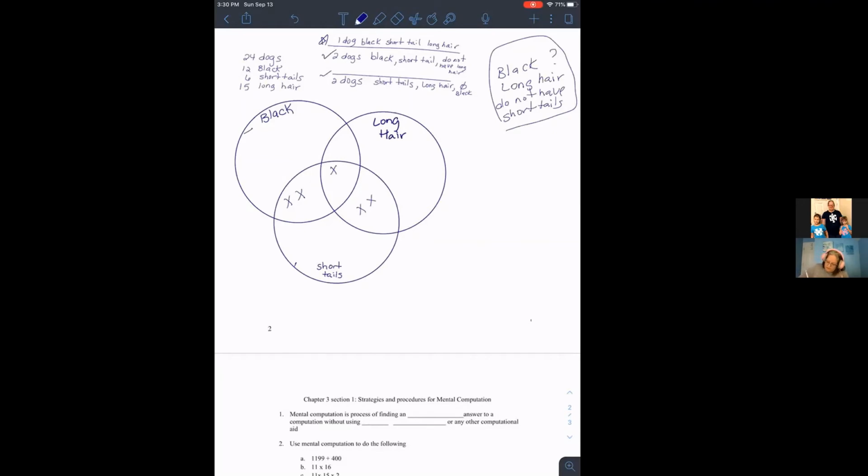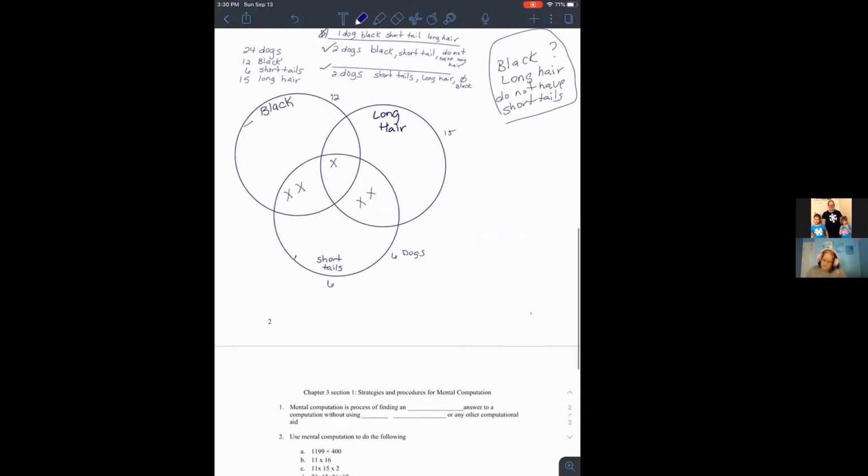And we know by reading it that we have the short tails, there's only 6 dogs with short tails. Long hair, there's 15. And in the black, there are 12 dogs. So what I did is, I know so far I've got 1, 2, 3, 4, 5 dogs that have short tails, but they also share characteristics with the other.